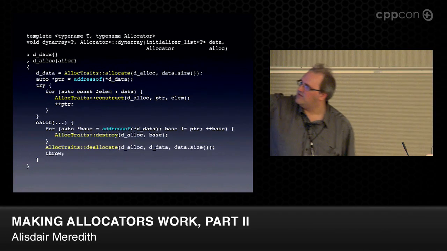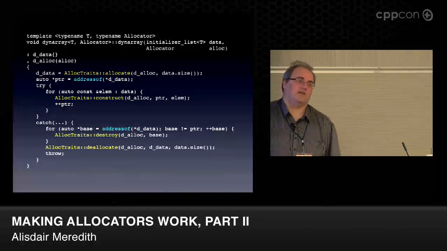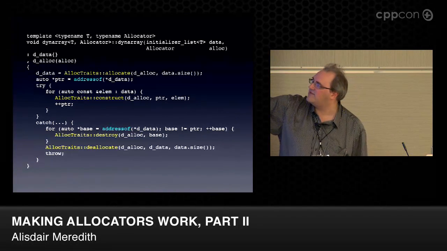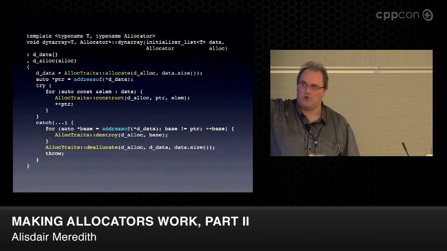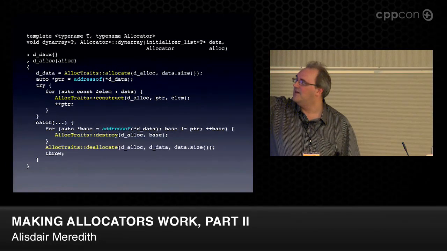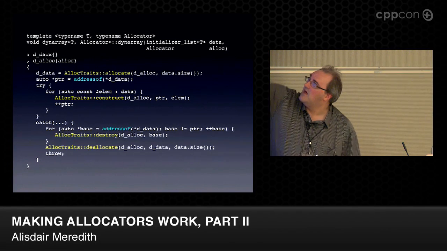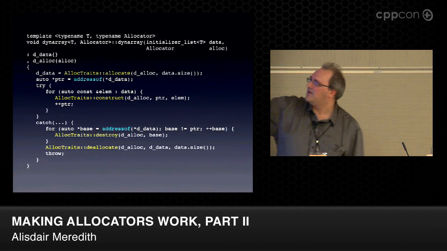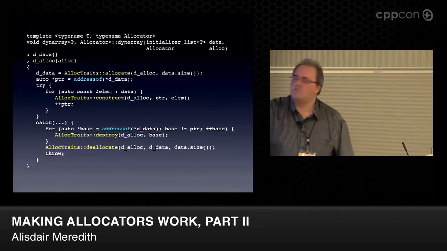Having destroyed all the elements, I can restore to the allocator all the memory it allocated by, again, allocator traits deallocate, pass it the allocator, pass it the pointer that it gave me, or whatever kind of smart pointer that might be, and tell it how many elements it gave me, and then rethrow the exception.